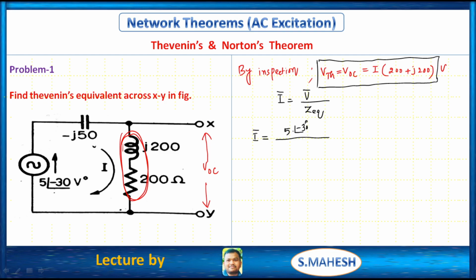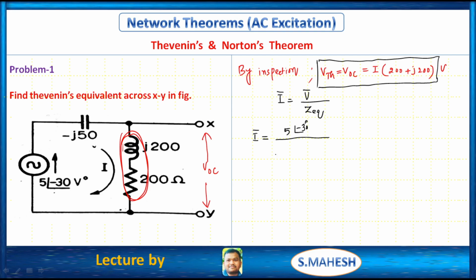Z equivalent is what? This minus J50 is connected in parallel with this. Sorry, here the current is in series with every branch, because these two terminals are open circuited, which means this looks like a simple loop circuit.